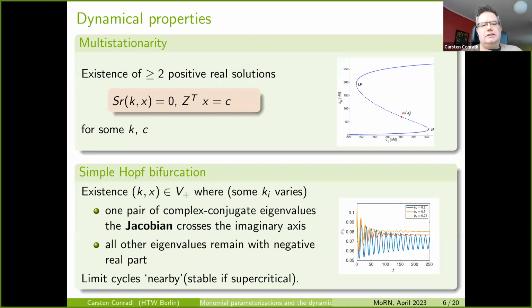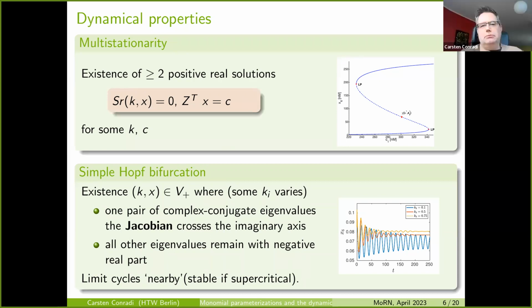And another interesting property is the occurrence of a Hopf bifurcation. What we're doing here is basically we look for an element of this variety, a steady state, and then we vary one of the rate constants, for example, and consider the Jacobian matrix of the system.